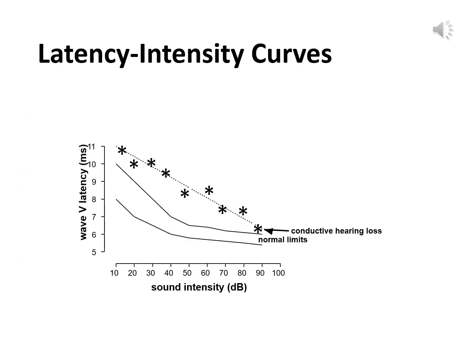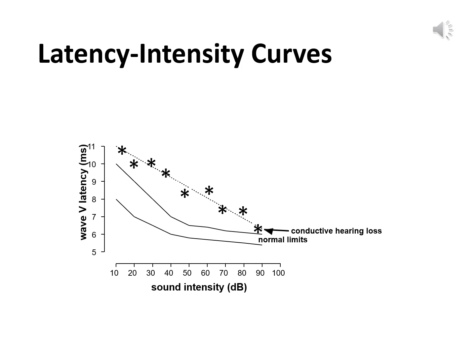However, if the values of the wave 5 latencies, when plotted by intensity or loudness, as shown in this example by the asterisks, fall in a different kind of pattern, what we see here is that the asterisks fall outside the normal limits range, but they fall in kind of a straight line.